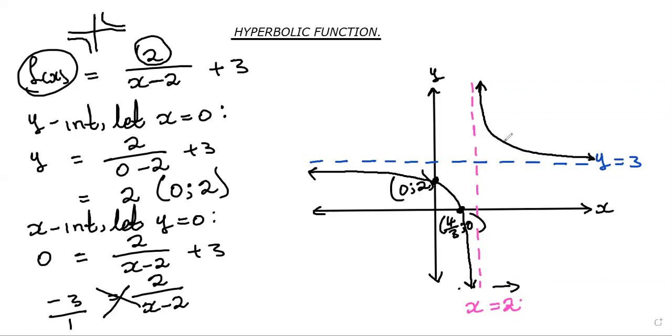It means when x is 3, for instance, y is going to be 5. So you need to make sure that both arms have a point on them. If one of the arms doesn't have a point, you choose any value of x you prefer, then you substitute it into the original equation to find the corresponding y value. It's now a point, so you plot it on your graph.